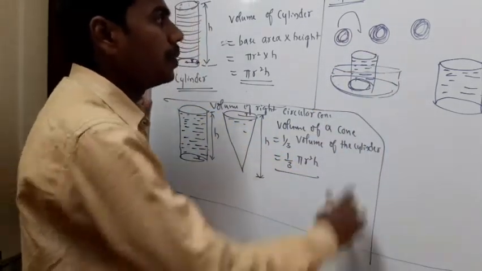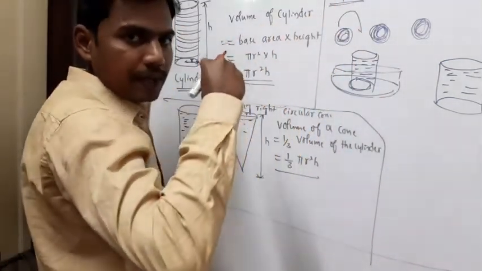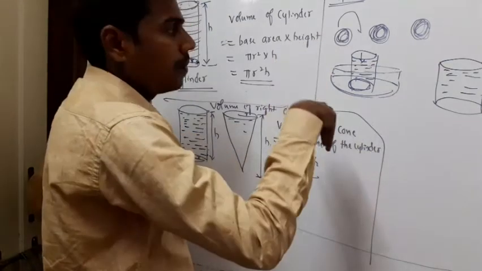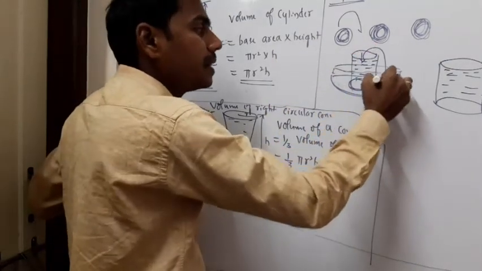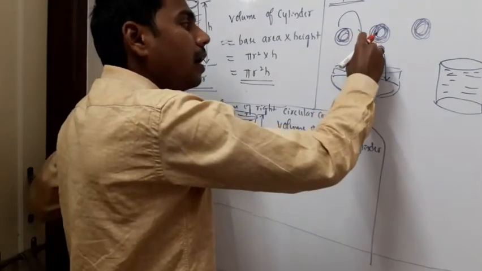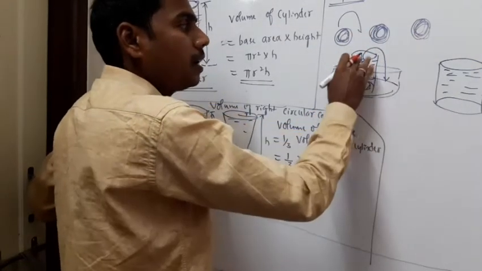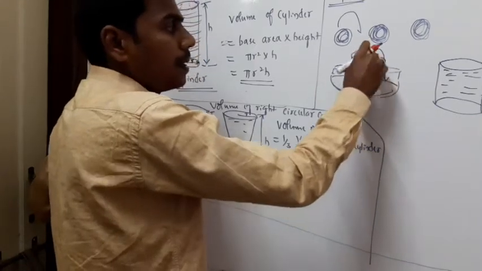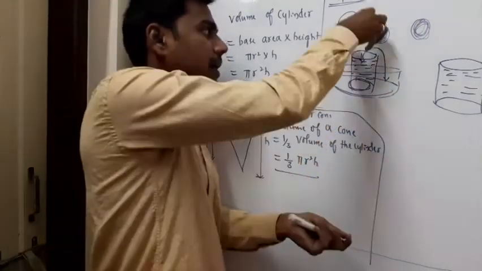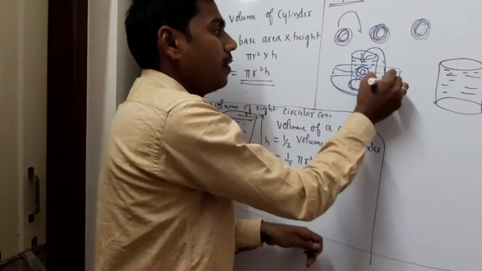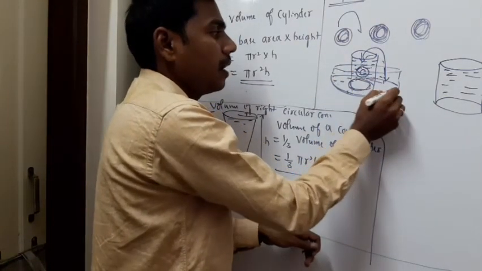Now bring the sphere and immerse it into this carefully. The water will be displaced into the trough. Now take out the container carefully, so that the water should not fall into it. Once you place the sphere, the water will be displaced into the trough.